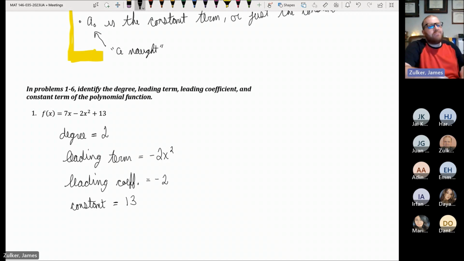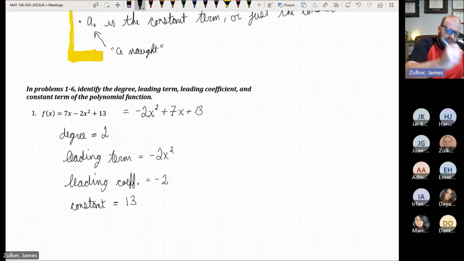Notice that in this case, the polynomial was not written in terms of decreasing order of the powers. It doesn't have to be, because remember, addition itself is commutative.